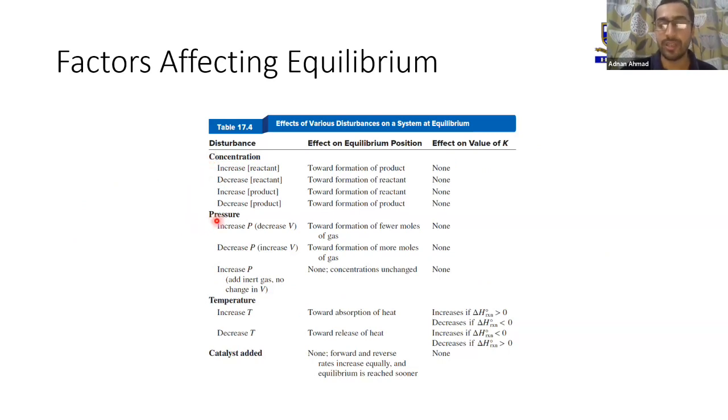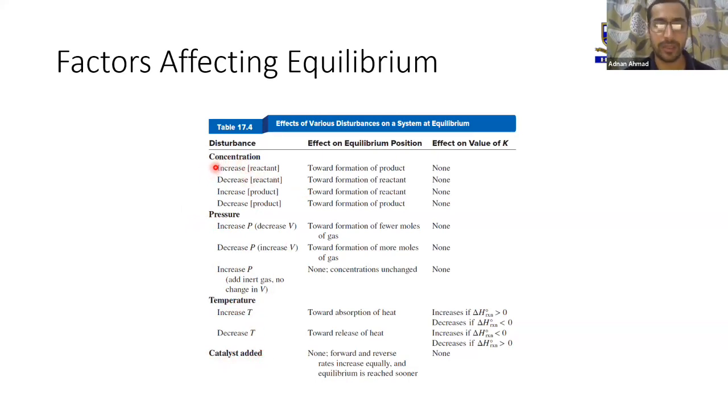Then we have a disturbance of pressure; we can increase or decrease pressure. Then we have temperature; we can increase or decrease temperature. And we have a catalyst added. A catalyst enables us to achieve equilibrium quickly, but it affects the forward reaction and the reverse reaction in the same manner.